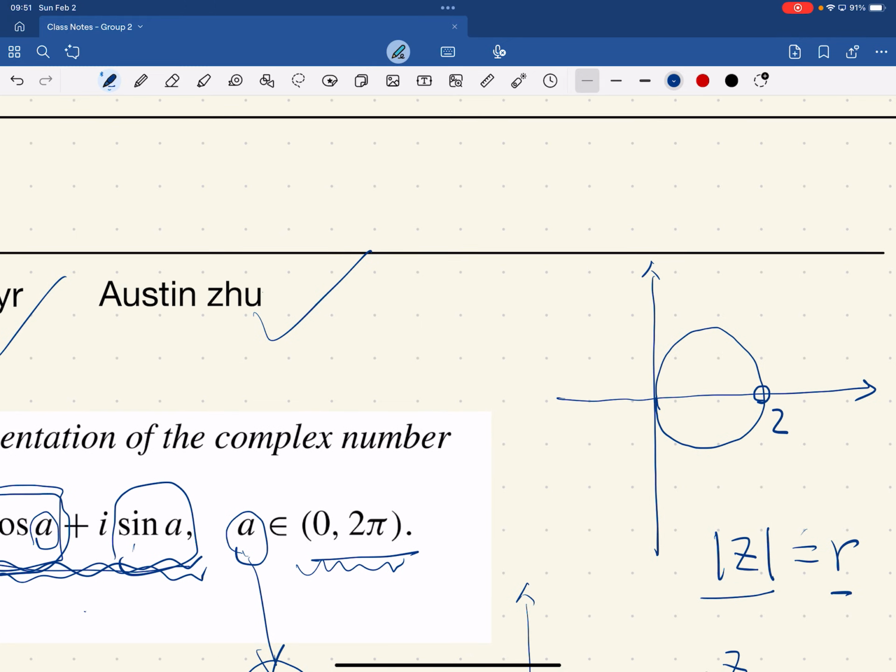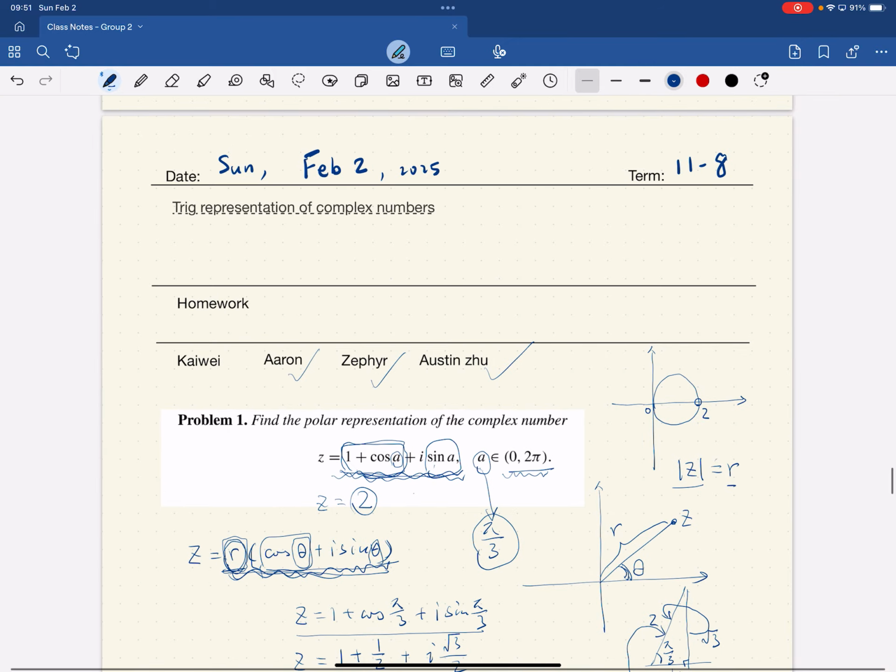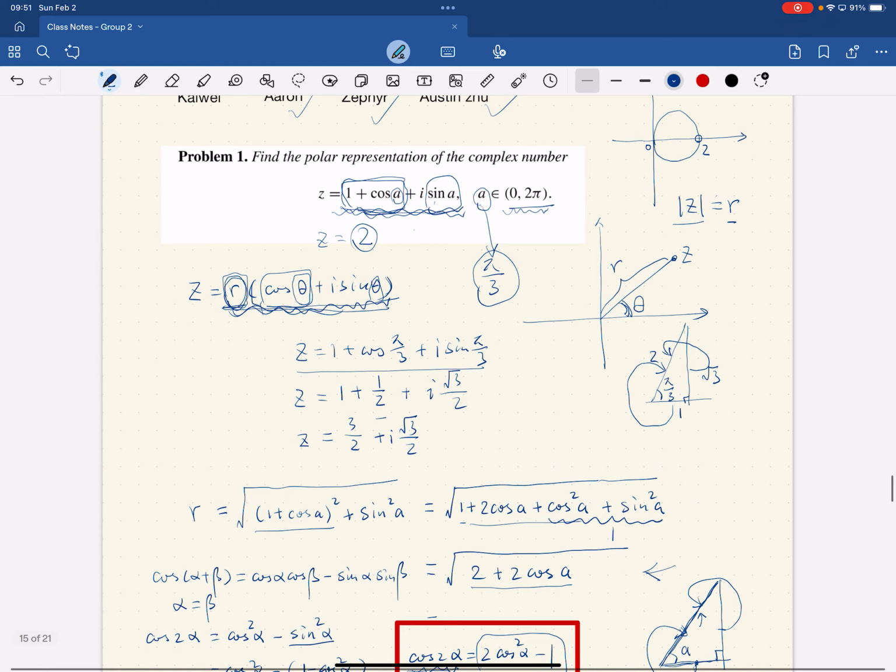So this is 2, this is 0, and that's the circle excluding that point. So it's a bit complex. You would have to be familiar with trig to be able to solve this problem.